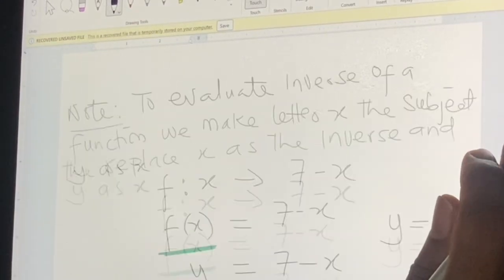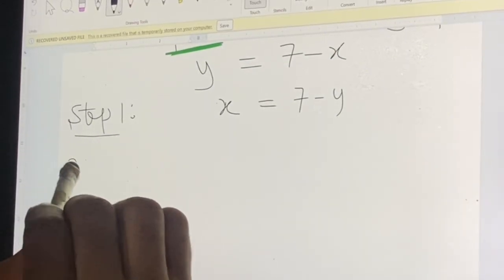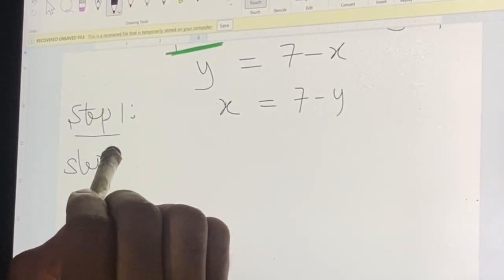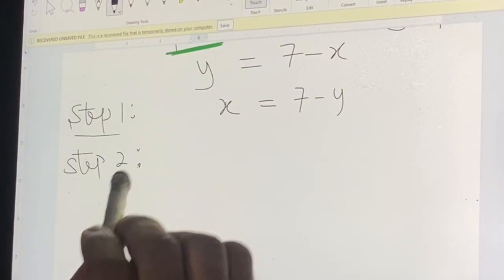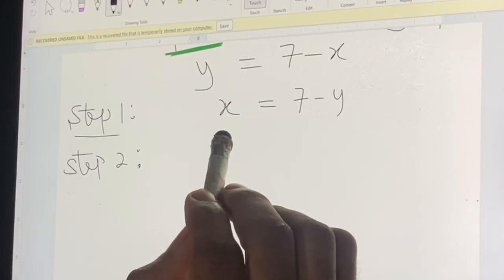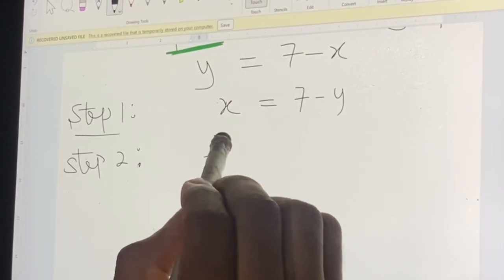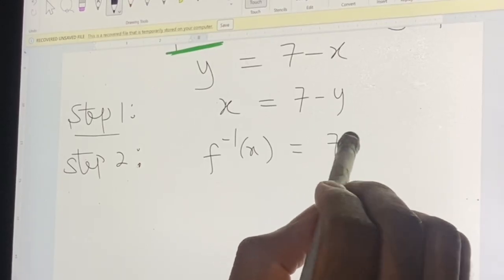Please take note. So step two from the notes, after making s the subject of formula, we replace s as the inverse. So the inverse of the function is f inverse of s is equal to 7 minus y.